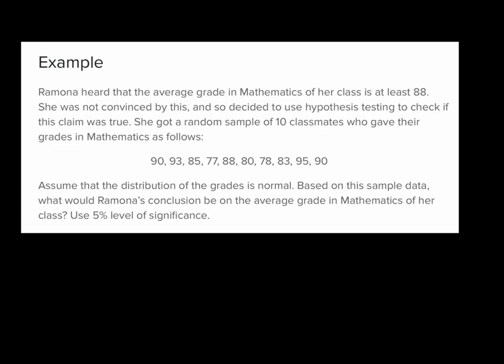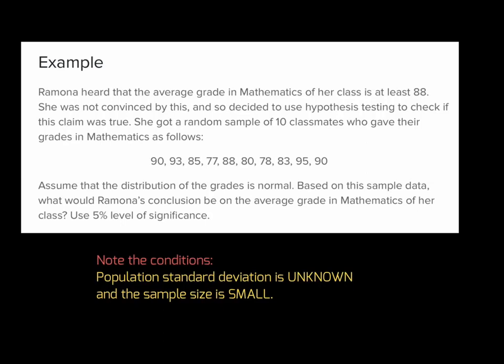Now, before we even start performing the hypothesis testing, we have to check first if this will fall under the t-test. Keep in mind that the conditions are that the population standard deviation is unknown and that the sample size is less than 30. There is nowhere in the problem that states the population standard deviation, so we know that it is unknown.